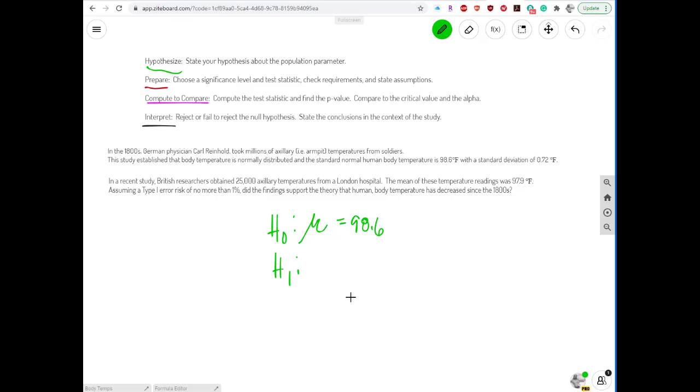And they want to know if it has decreased since this reading was originally established. So we want to know if mu is less than 98.6. Okay, so that's my first step, writing out the null and alternate hypotheses.